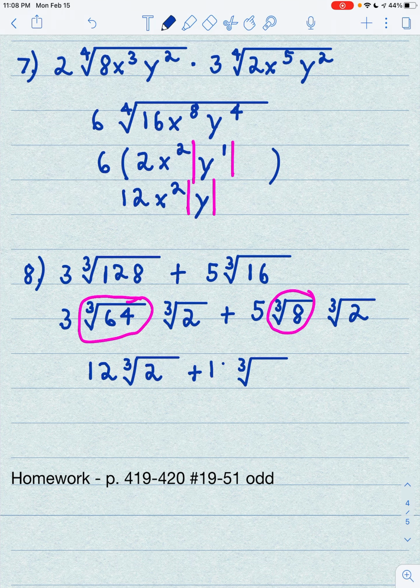So 5 times 2 will give us 10 cube roots of 2. And these are actually like terms because the cube root part is the same. That'd be like 12x and 10x. We can combine like terms, and 12 times the cube root of 2 plus 10 times the cube root of 2 gives us 22 times the cube root of 2.